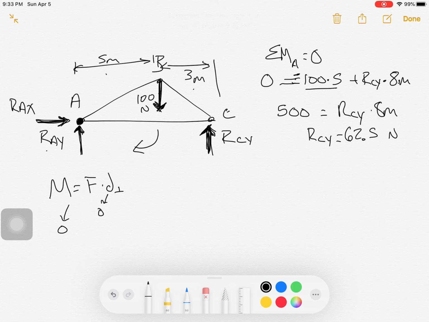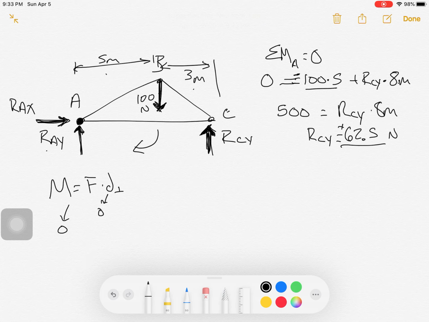Now, since this is positive 62.5, what that tells me is that my arrow was going the right direction. If my arrow was pointing up, but the force was actually going down, I would get a negative number here. But since my arrow was pointing up and the number came out positive, that tells me my arrow is going the right way. So this is correct.